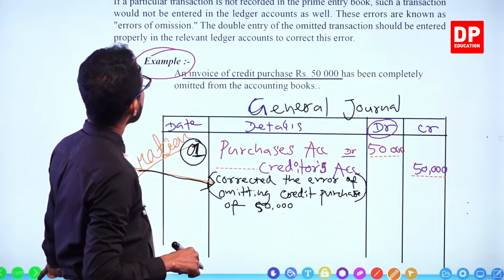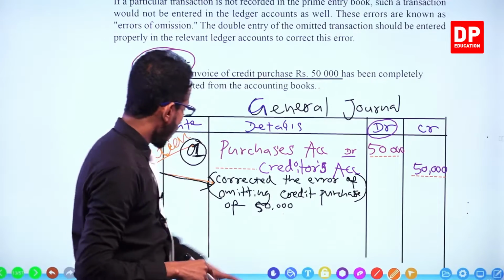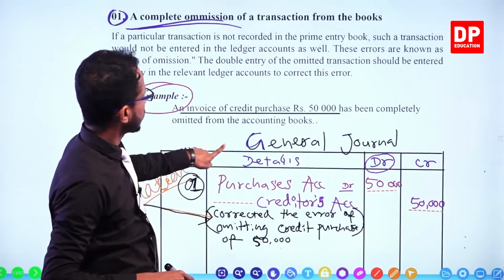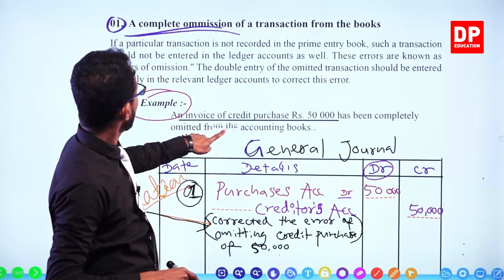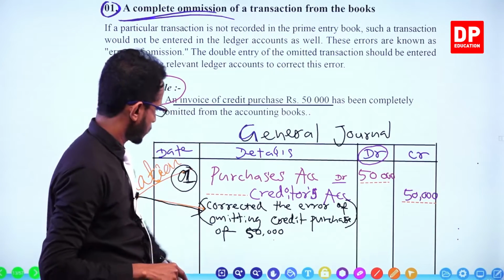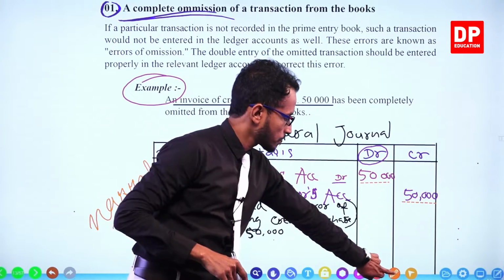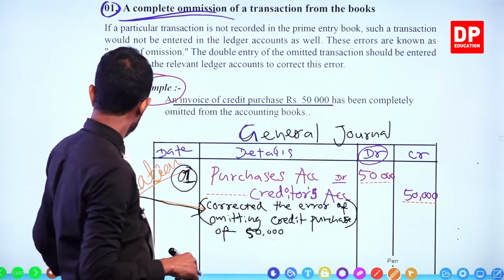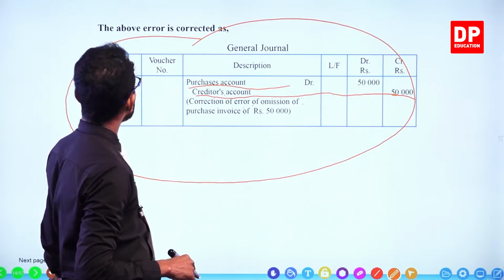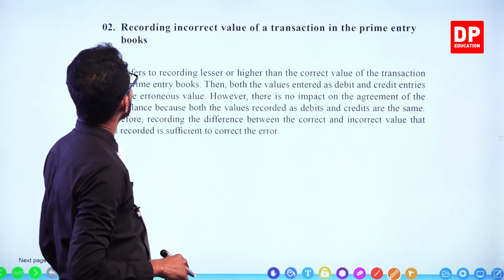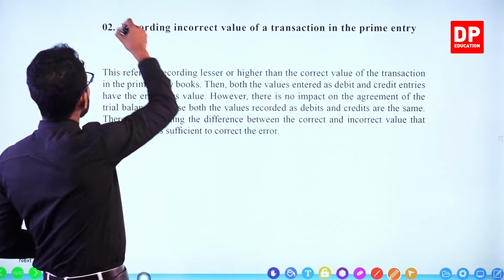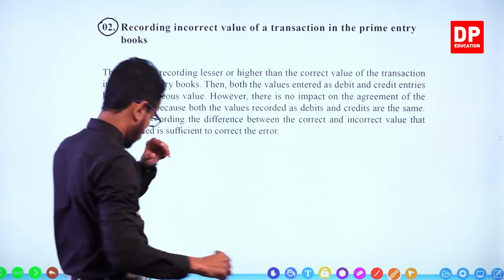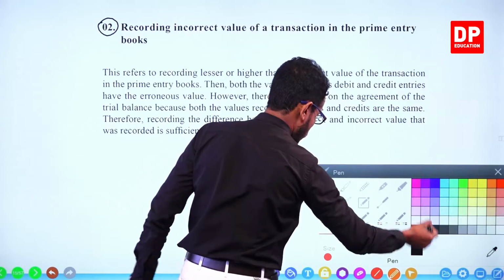Let's go and find out what other errors are there. Shall we? Okay. Second type of error.